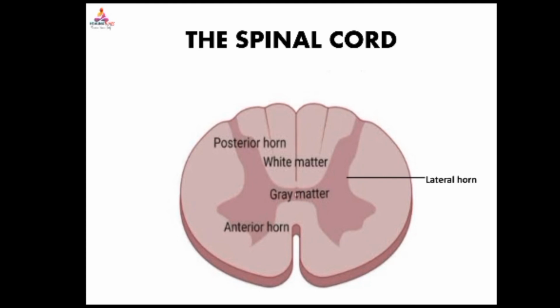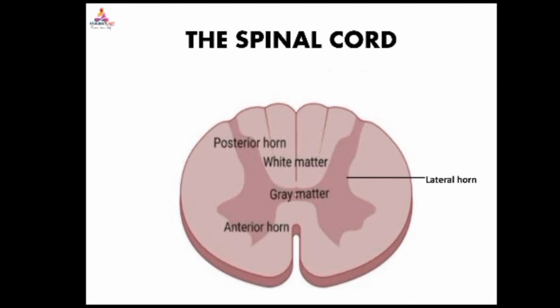In the thoracic and upper two lumbar segments, there are also lateral horns, because these segments of the spinal cord are associated with the autonomic nervous system.